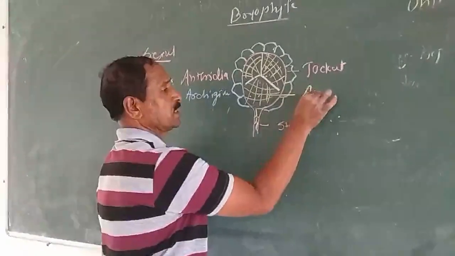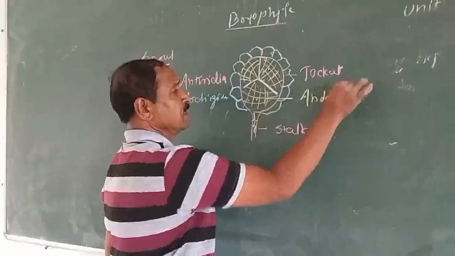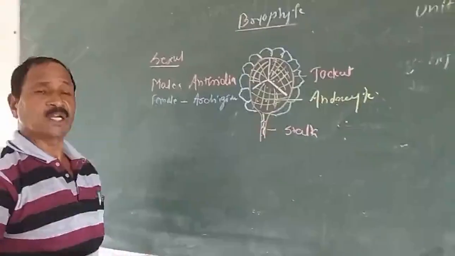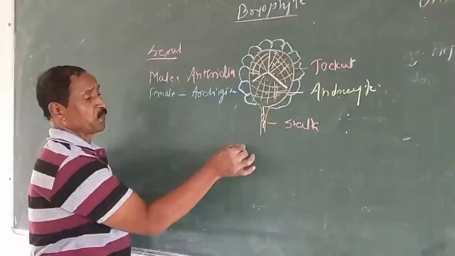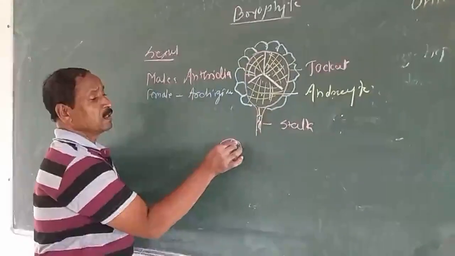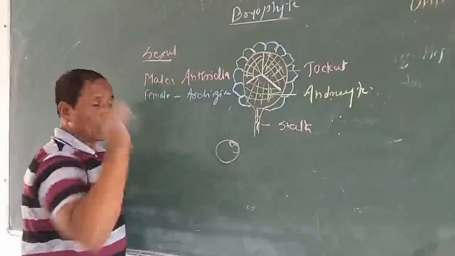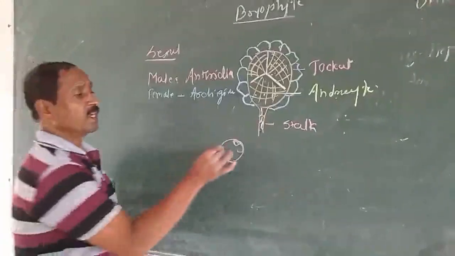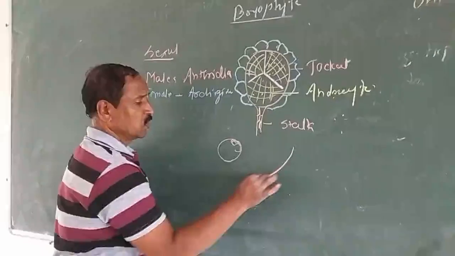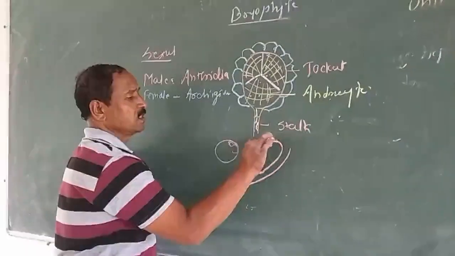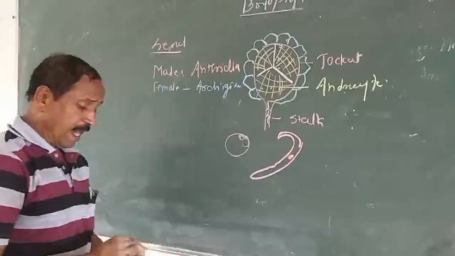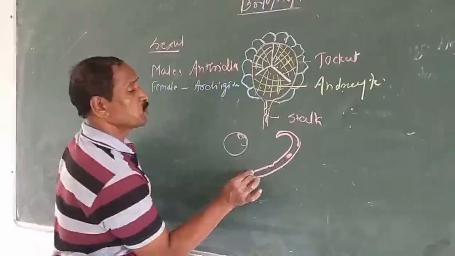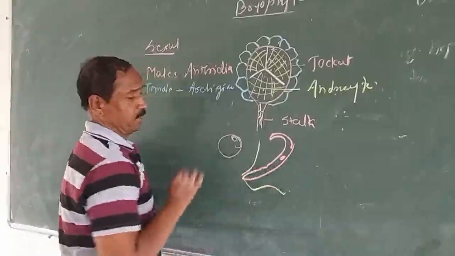Then each cell of the androcyte is metamorphosed into a structure known as anthrozoids, and when it separates, it produces a structure like this, and at the tip it produces flagella.